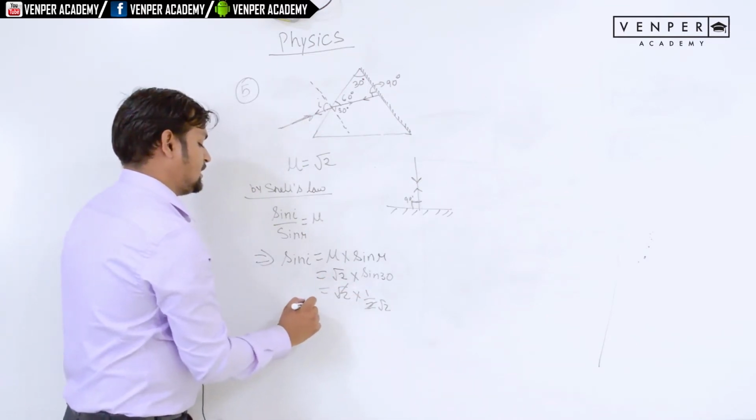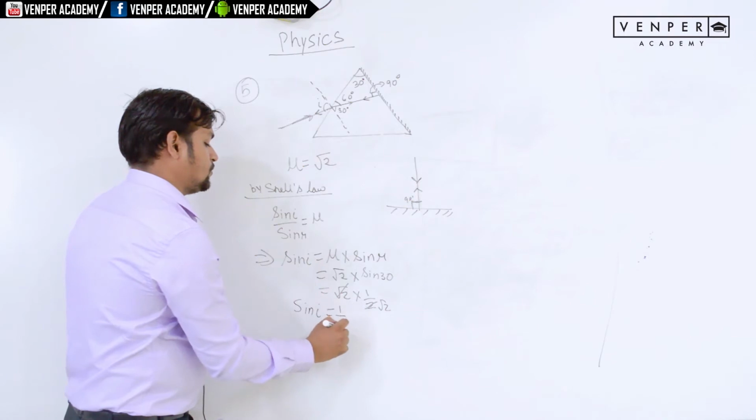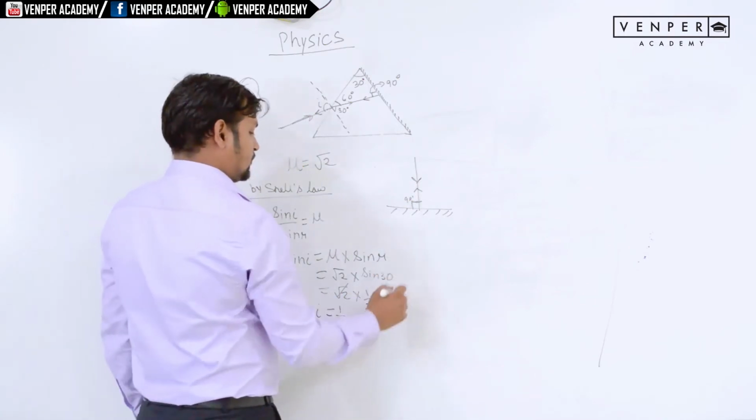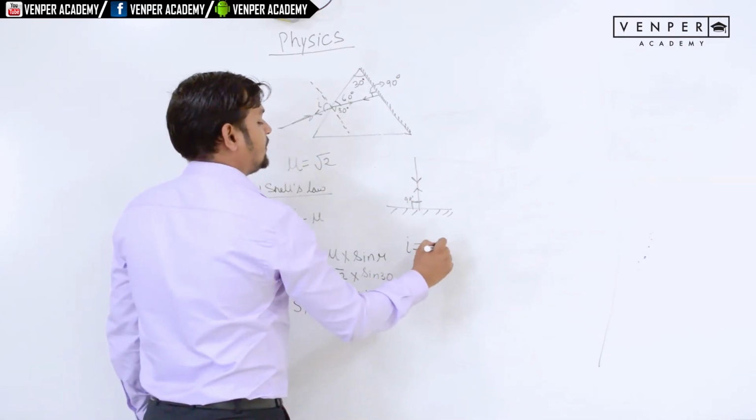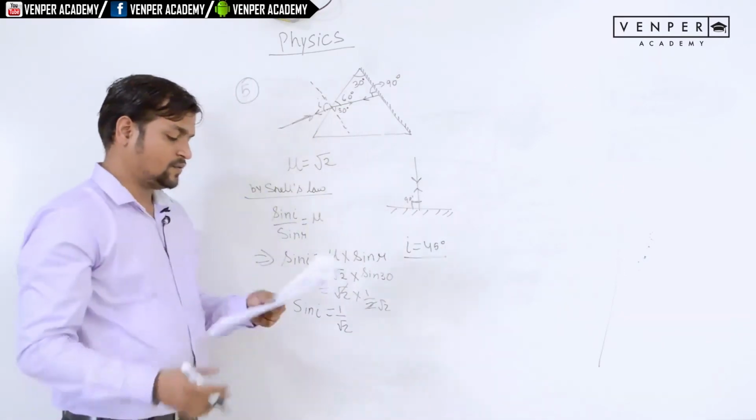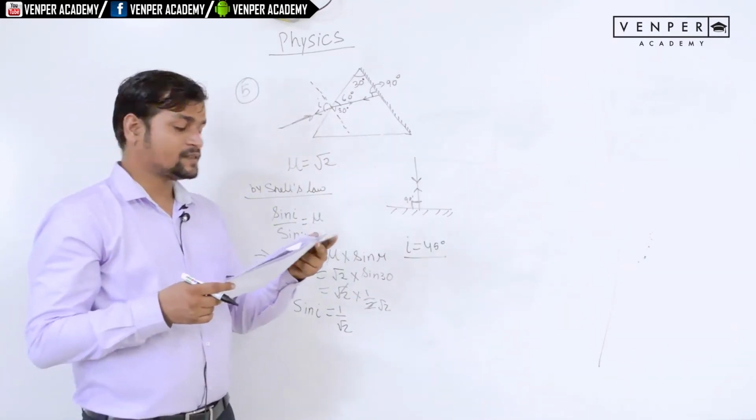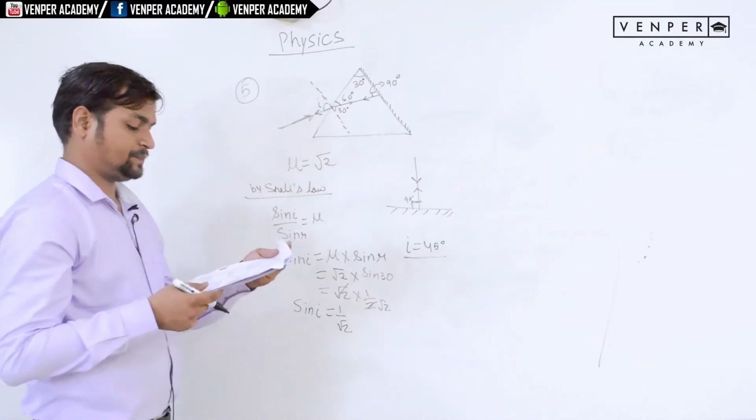So sin I is equal to 1 upon √2, so I will be equal to 45. This is your answer for this question. So the correct answer is D for the fifth one.